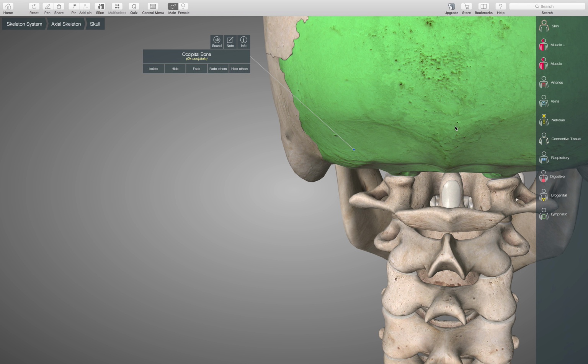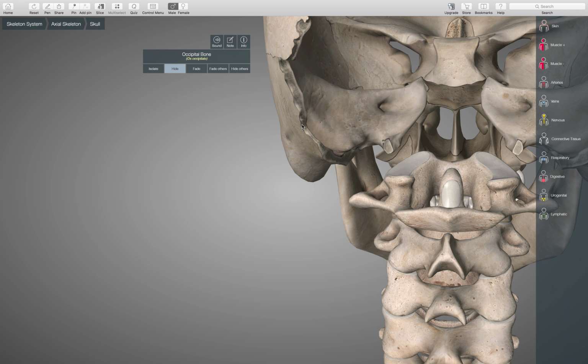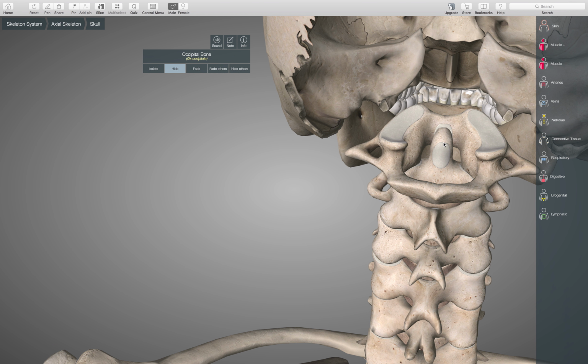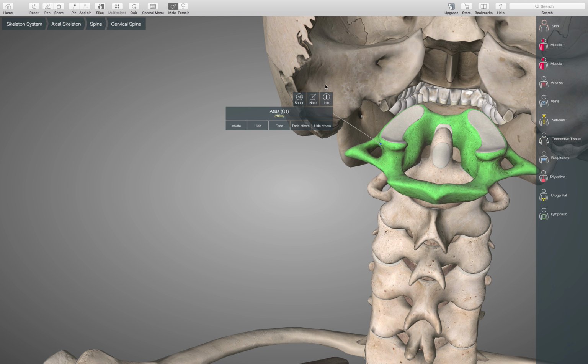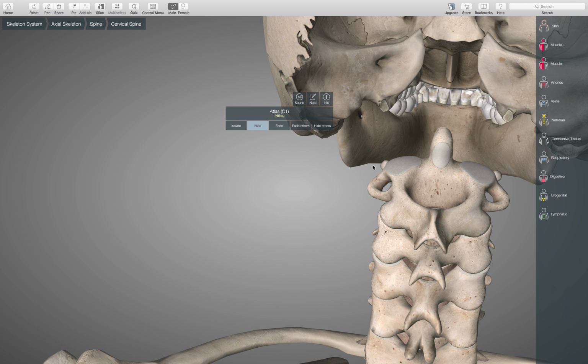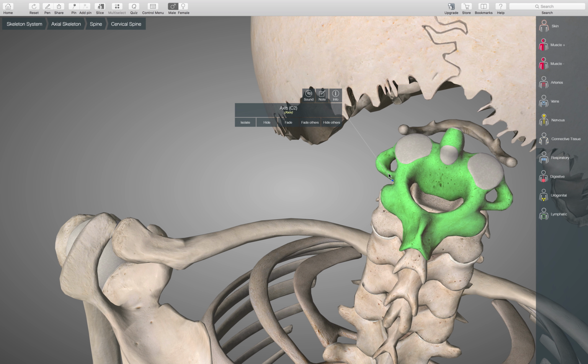We remove the occipital bone, hide it, and are able to see the atlas. The first one is the atlas, the second one is the axis. I'm able to see that all these cervical bones have small holes here.